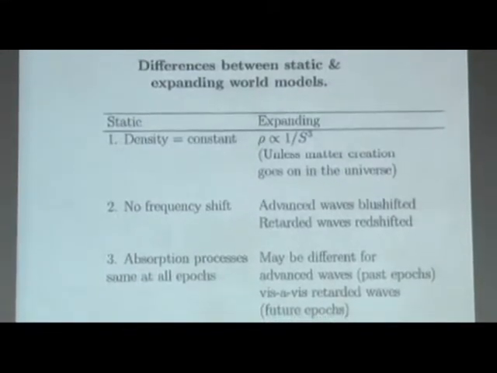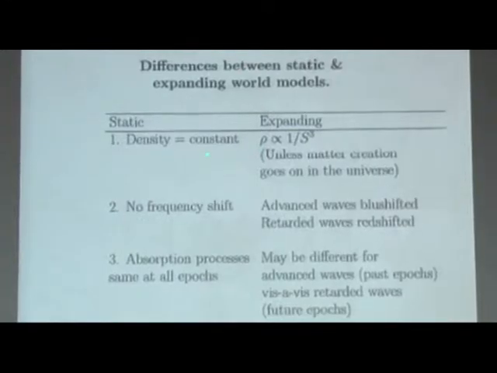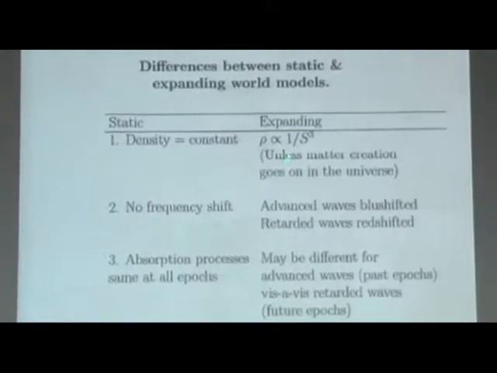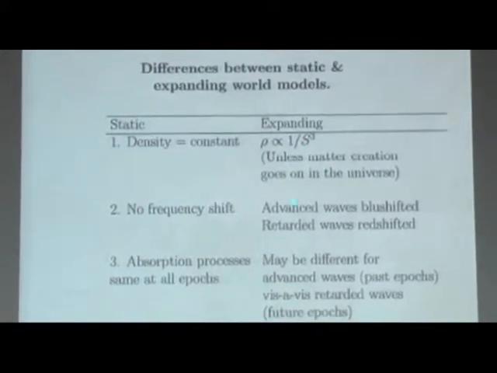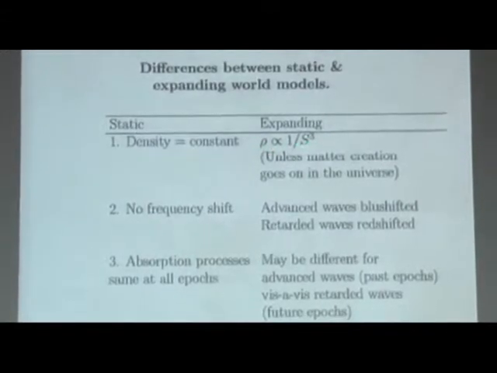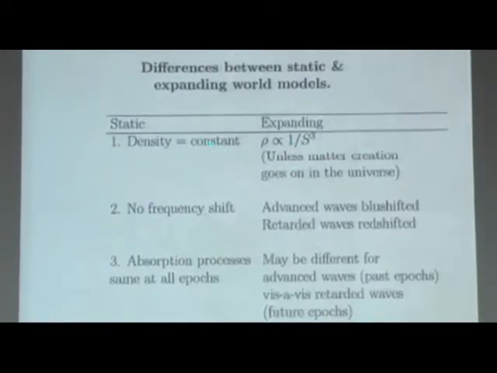So, let us take ourselves back to those days. Density is constant here, and here density goes as 1 over S cubed. And if matter creation like steady state was allowed, then density was constant in the past or future.